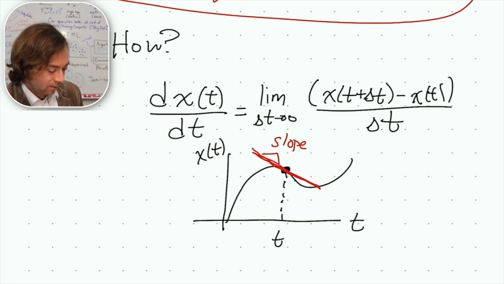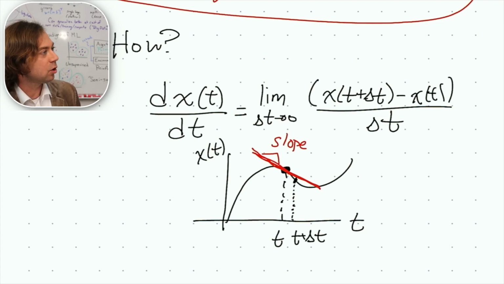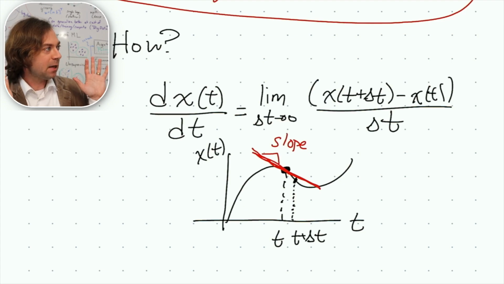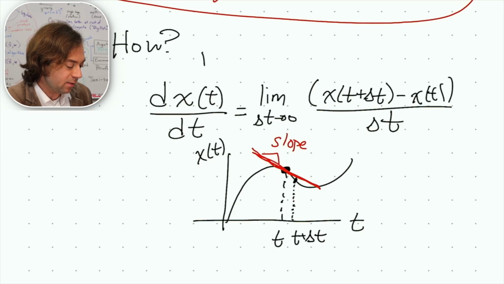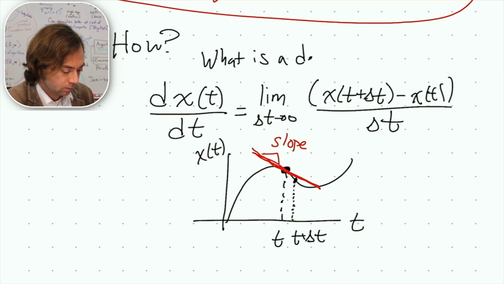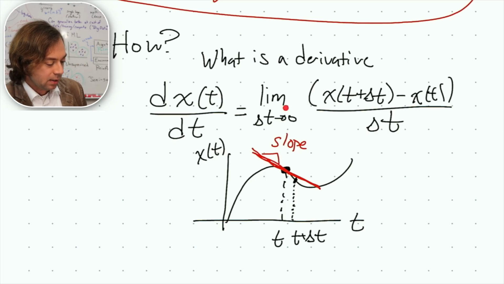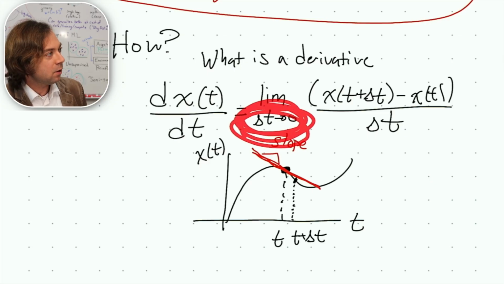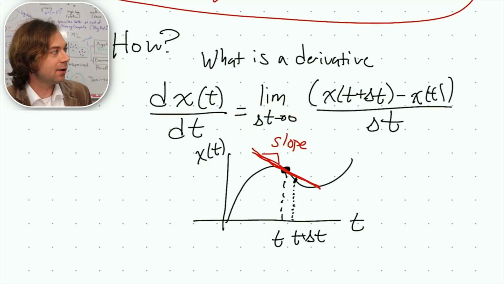Now I'm over at some tiny, tiny different spot over here, t plus delta t. I say, hey, what's the slope between those two points? That's what a derivative is. And the formal definition is when delta t goes to 0 in the limit. That's what we learned in calculus, right?